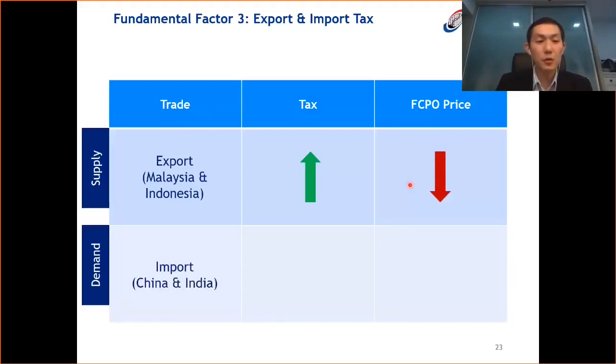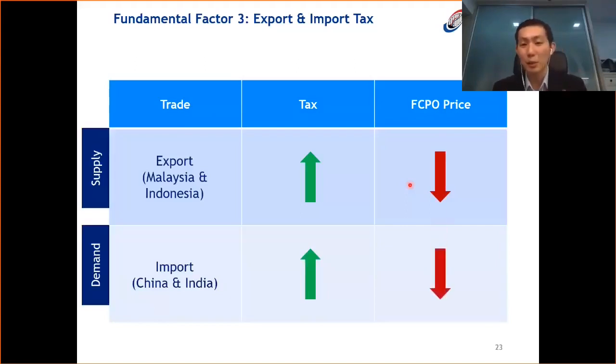So same thing goes for the import factor as well. The biggest consumer or the biggest importer is actually China and India. And when the import tax is rising, those buyers, when they buy in, the product's price would be even more expensive. So it is the same thing as export. You need to remember this thing is tax.